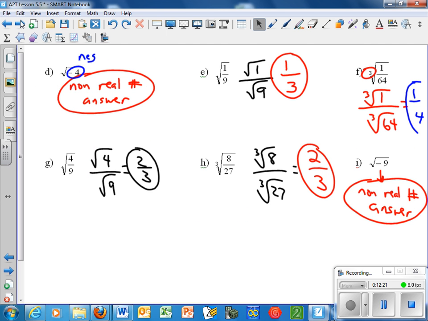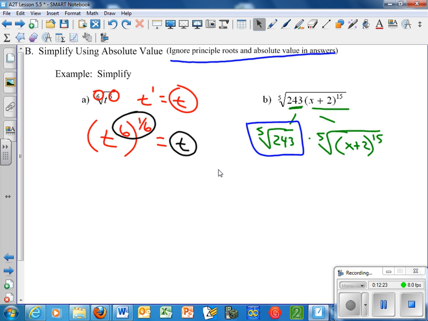So the 5th root of 243 is 3. So this will be 3.